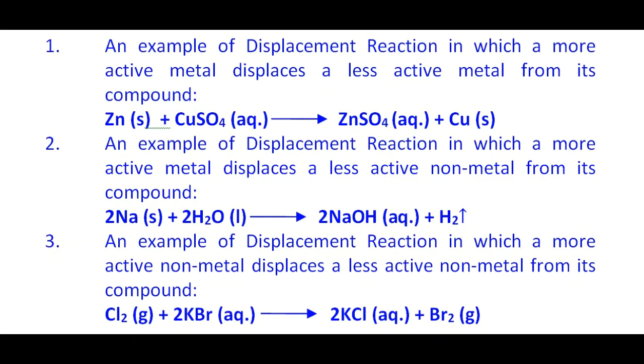Chlorine and bromine are both non-metals, but chlorine being more active than bromine, it replaces bromine and forms potassium chloride aqueous solution, and bromine as a gas flies away. If you go through your reactivity series on the basis of what I taught about the periodic table, it will be easier to understand here.